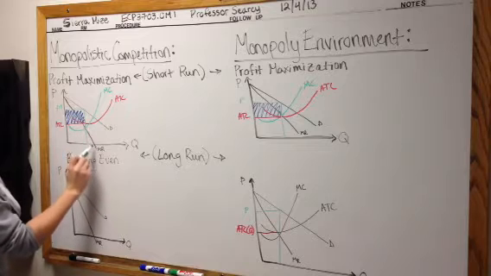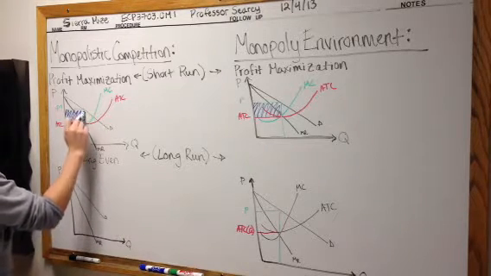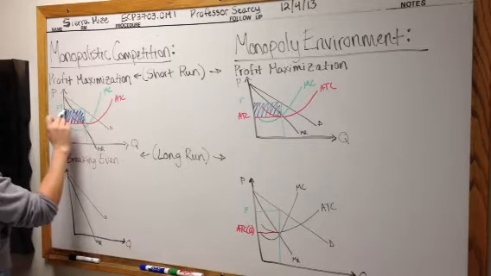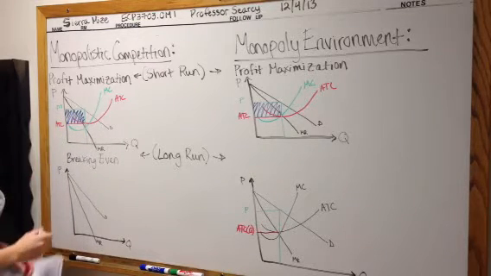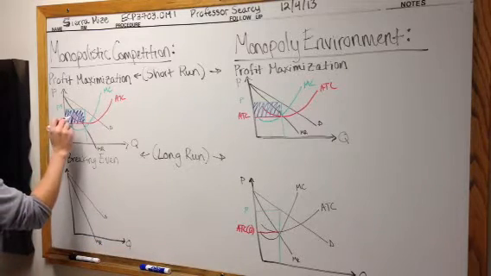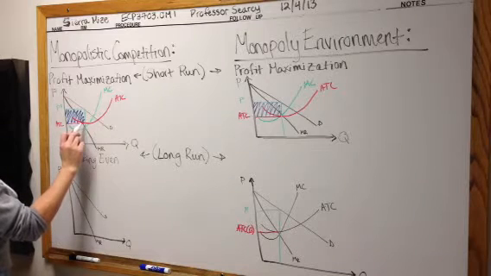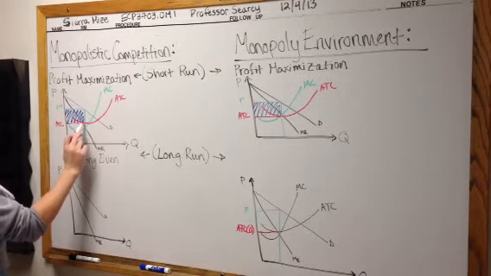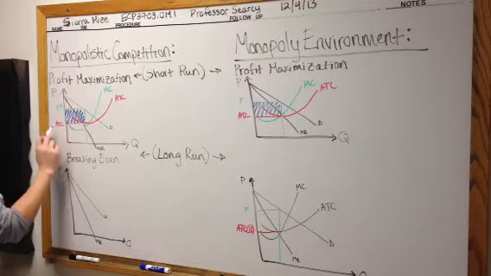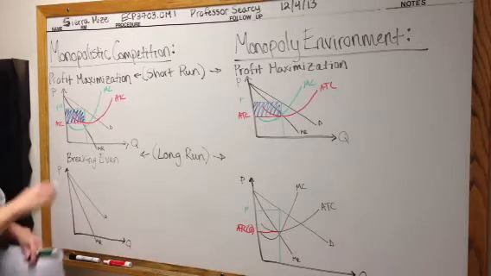Follow it up to where the marginal revenue and marginal cost intersect, then take that up to the demand curve, come over, and that's the price. Then you have your average total cost curve coming through right here. Match that along the quantity, bring it over, that's your average total cost, and all this here is profit.